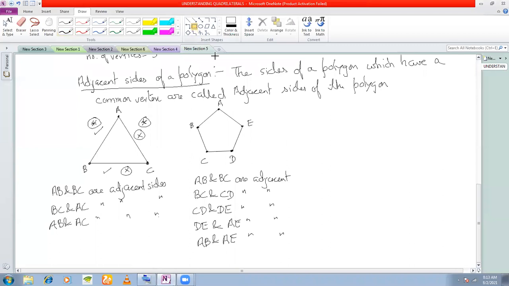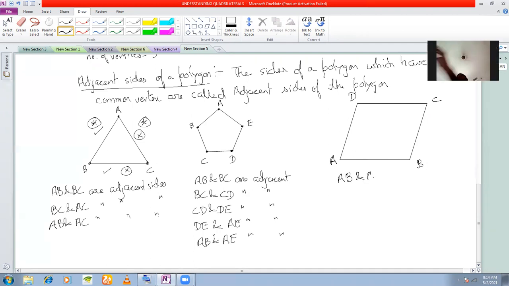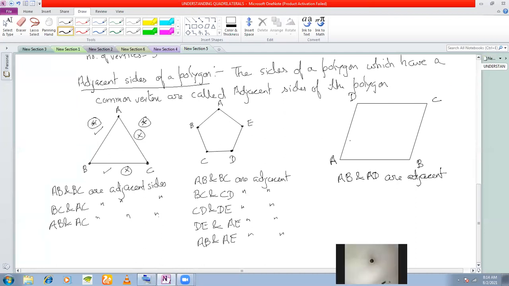Next, let us say a parallelogram. This is also a polygon. For a parallelogram, what are the adjacent sides? AB and AD are adjacent, because they have the vertex A in common.